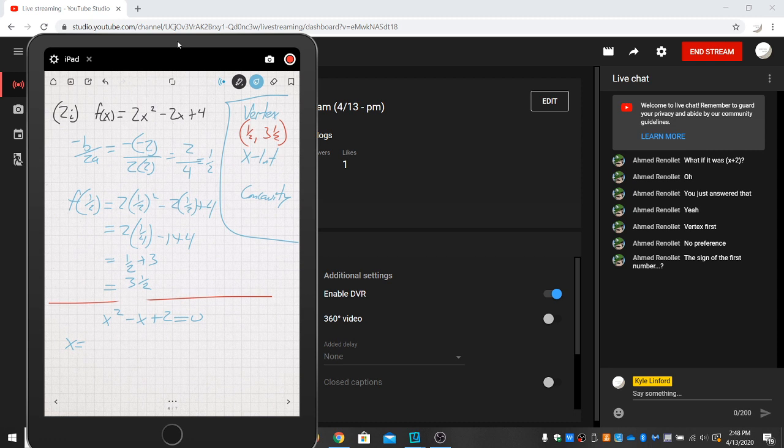X is equal to negative negative 1 plus or minus the square root of negative 1 squared minus 4 times 1 times 2 all over 2 times 1. Oh, I probably should have gotten some more space here, but that's okay.